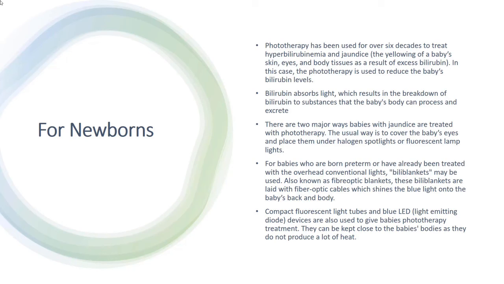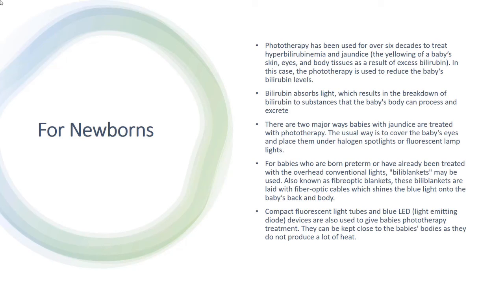The usual way is to cover babies' eyes and place them under halogen spotlights or fluorescent lamp lights. For babies who are born preterm or have already been treated with overhead conventional lights, blankets, also known as fiber optic blankets, may be used.